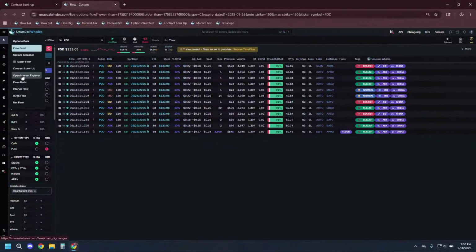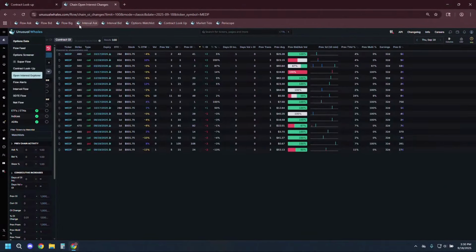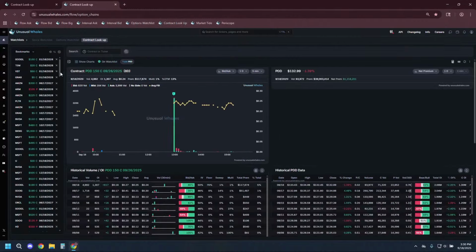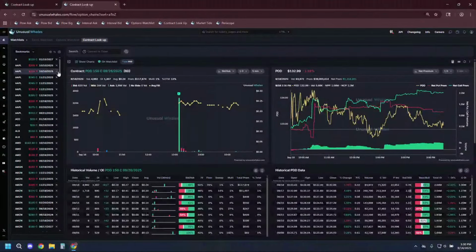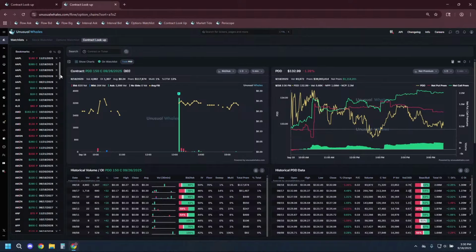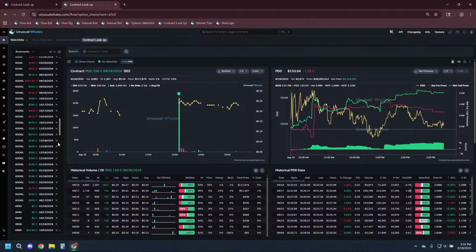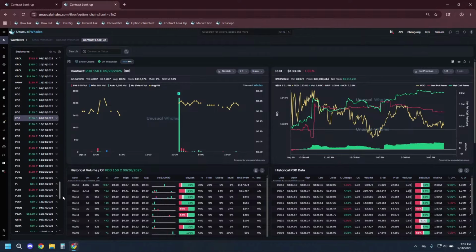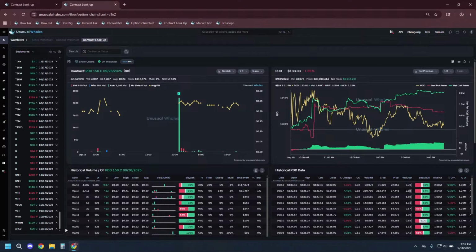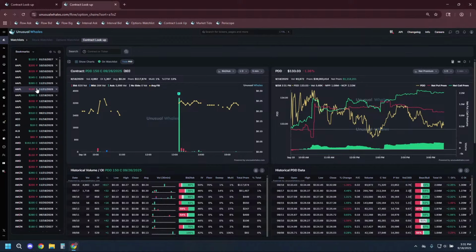Let's see if there's any examples. Do I have any examples still in my contract lookup of contracts that filled at the ask but were likely sells? Maybe this Apple. I think most of the great examples have gone away. I think there's still an Apple 230 December.